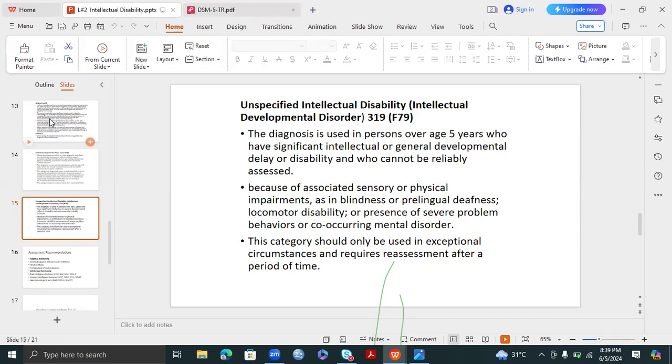This category should only be used in exceptional circumstances in such cases, and it will require reassessment after a period of time.